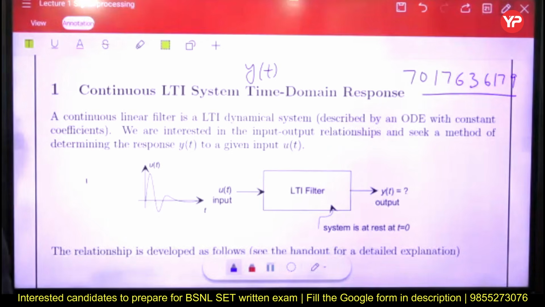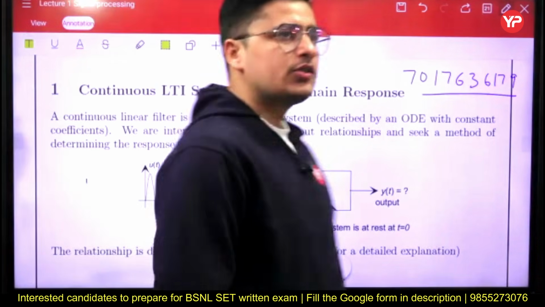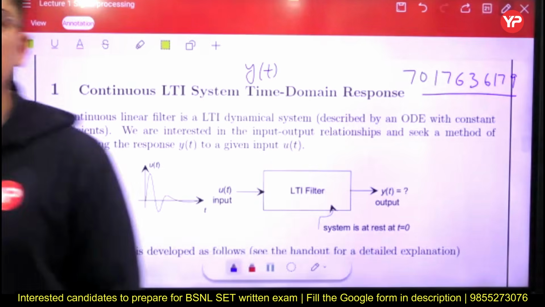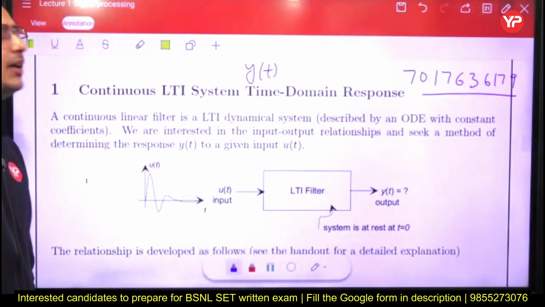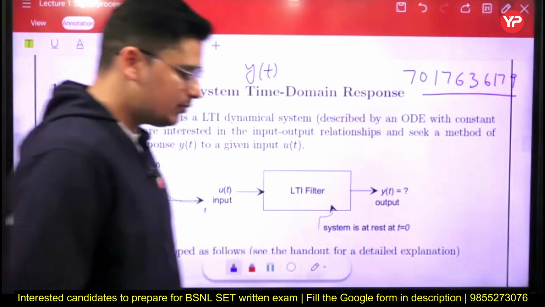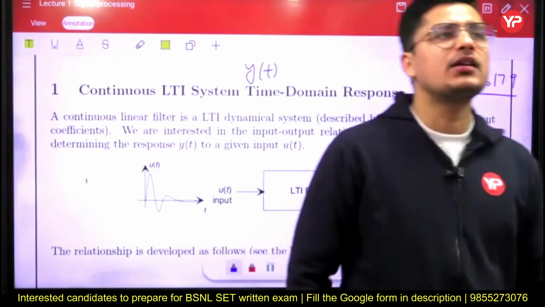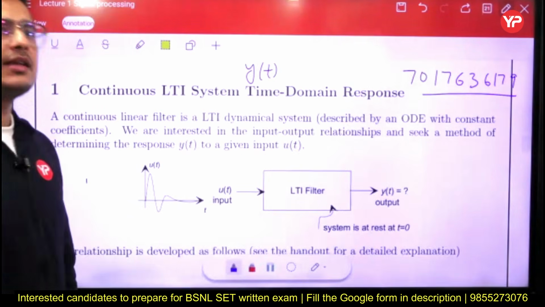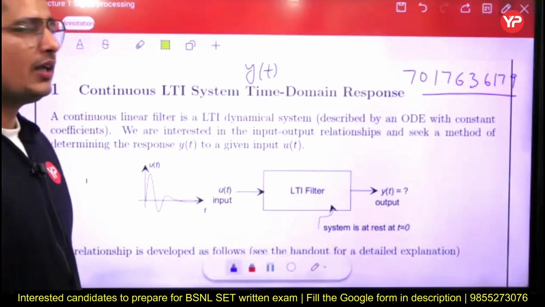Continuous LTI system in time domain response. Yesterday we discussed the LTI system, the linear time invariant system. Just remember the names of these things. If you are from a CSE or any other background, just remember the names I'm telling you. LTI means linear time invariant system.